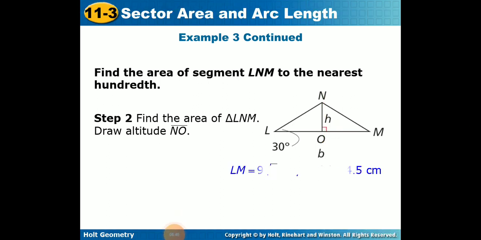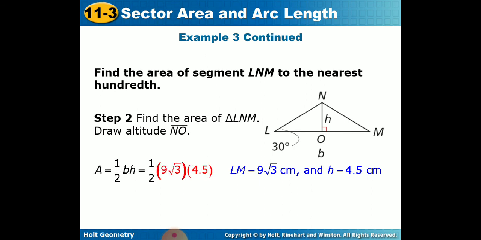So after that, we got here that LM is what? LM here is 9, by using the right angle triangle rules. So LM is 9 square root 3 and the height 4.5.